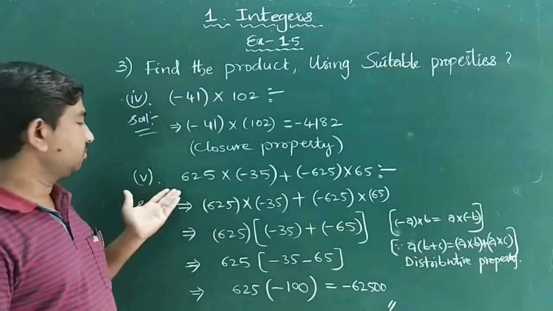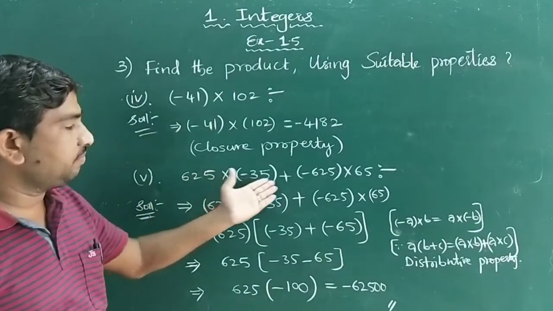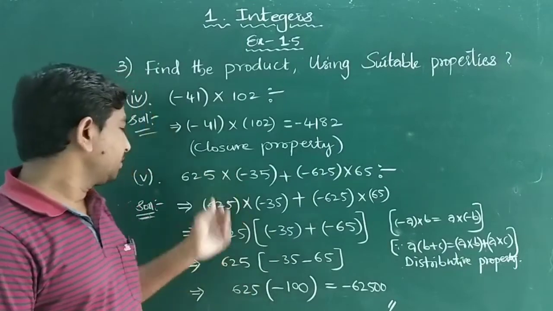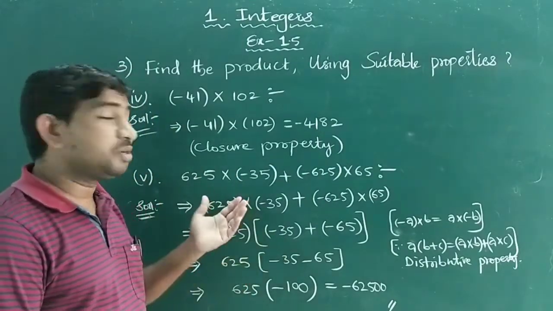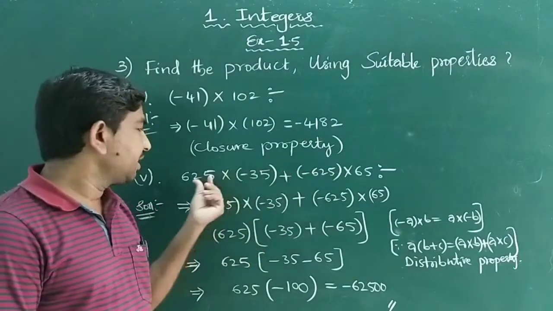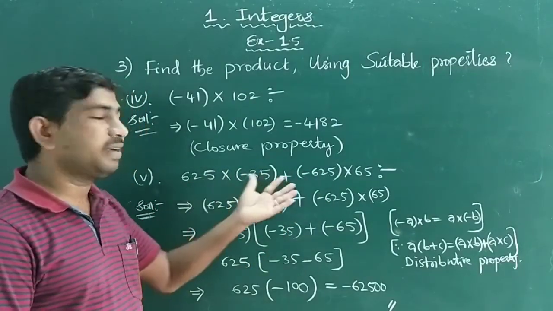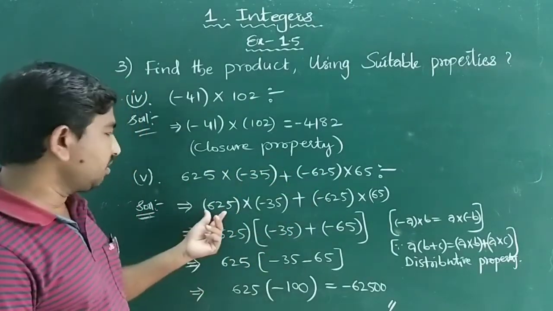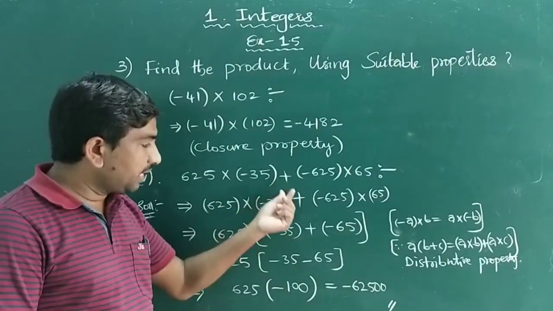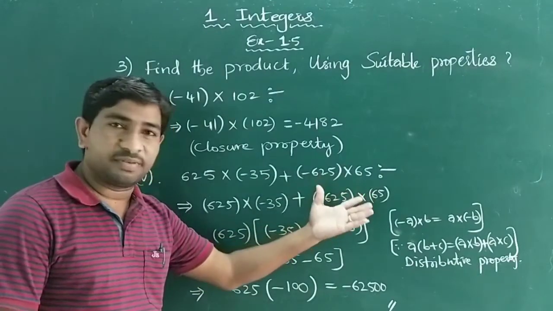So the fifth one now. 625 into minus 35 plus minus 625 into 65. If you observe this, the distributive property is involved here. 625 is a repeated number, so that's why we take 625 as a common number. First write it as 625 into minus 35 plus minus 625 into 65.